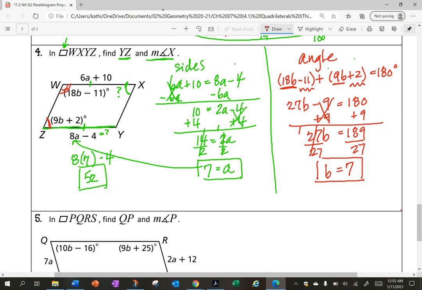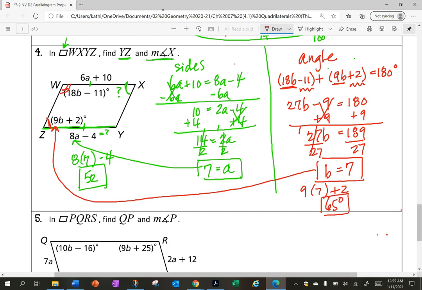So I can substitute b into this expression. So 9 times 7 is 63, plus 2 is 65 degrees. And I know that angle X and angle Z are congruent, so I know angle X is also 65 degrees.